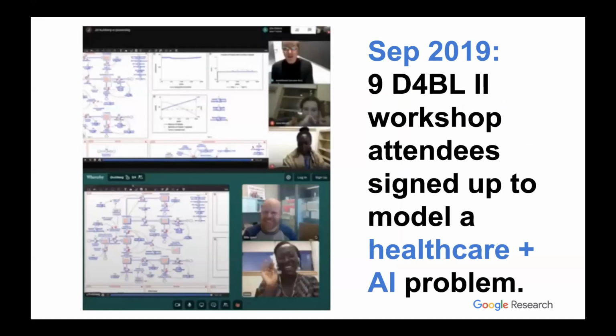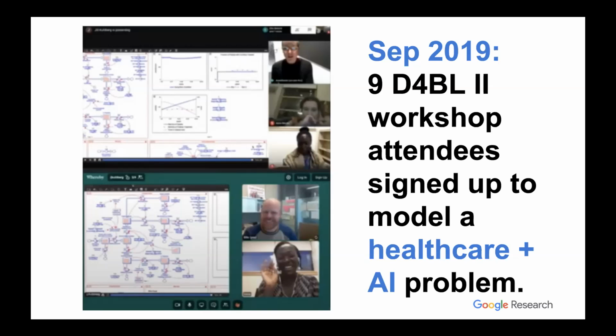Then our next major milestone was how can we connect these communities together? How can we work on a problem that's common between both communities and see if we can generate real concrete models, qualitative models as well as quantitative models? So we got some attendees from that second Data for Black Lives workshop who volunteered to build a model around the problems associated with AI in healthcare, focusing on diagnosing skin problems specifically.